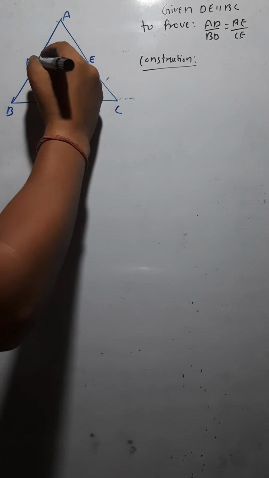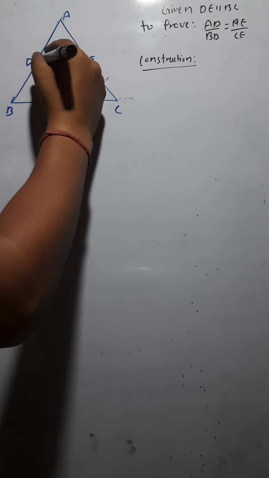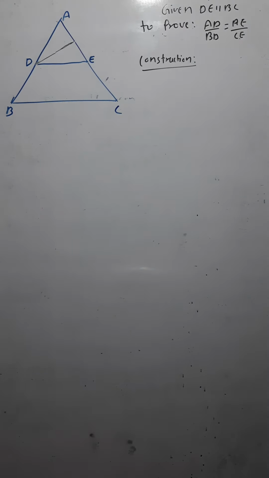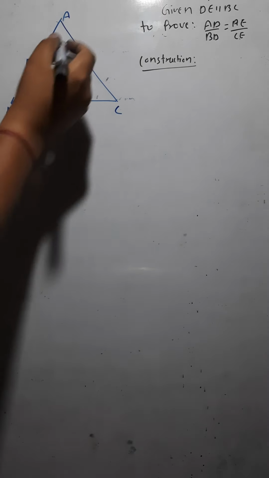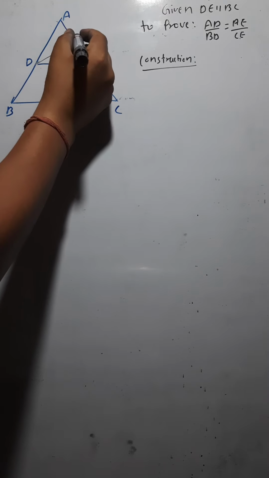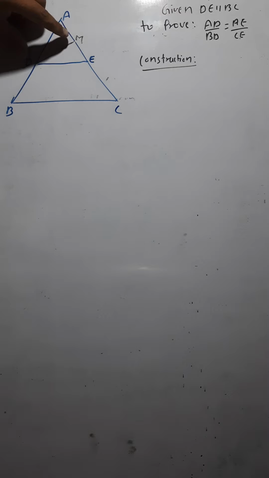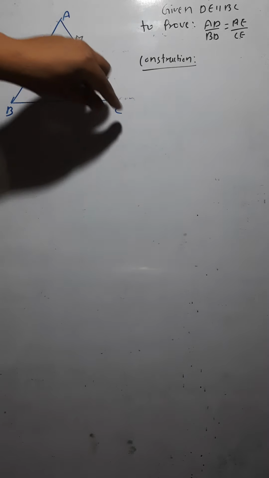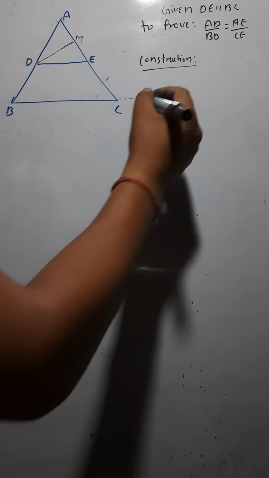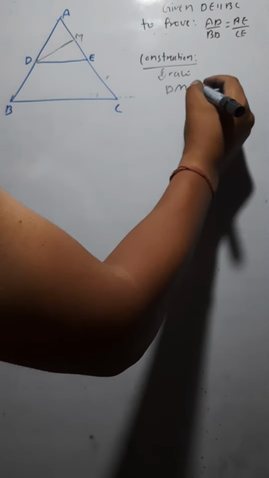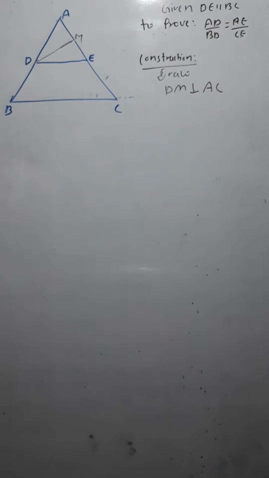Let's say this is the perpendicular I have drawn, and the point is M. So I have drawn a line DM, which is perpendicular to AC. Just write here, draw DM perpendicular to AC.